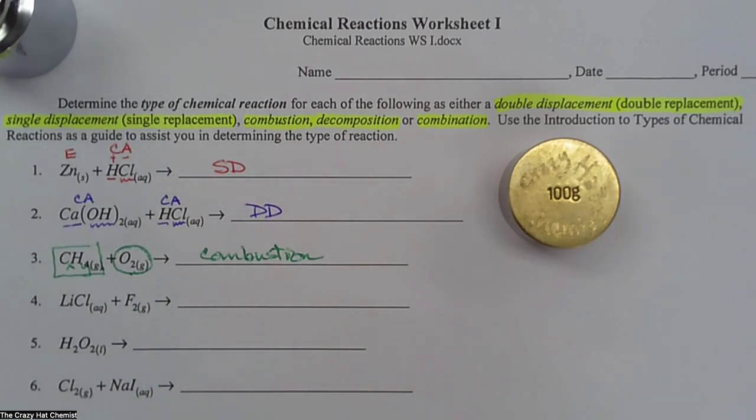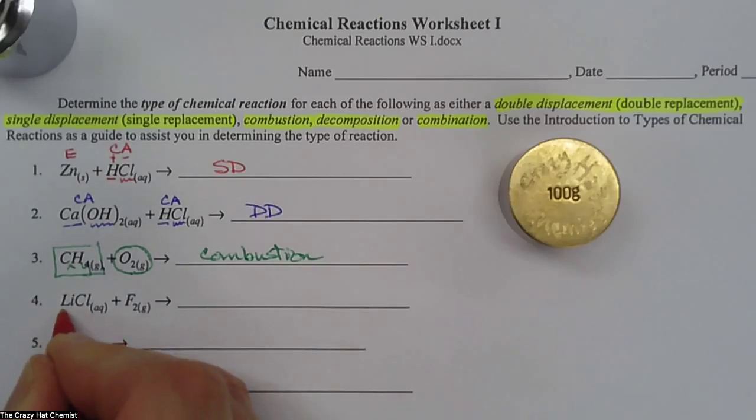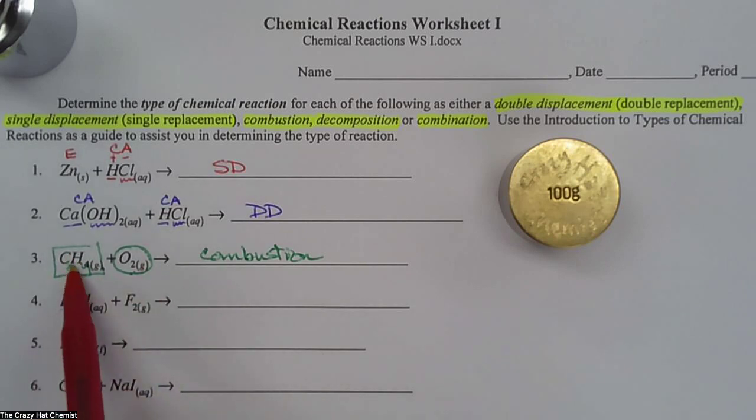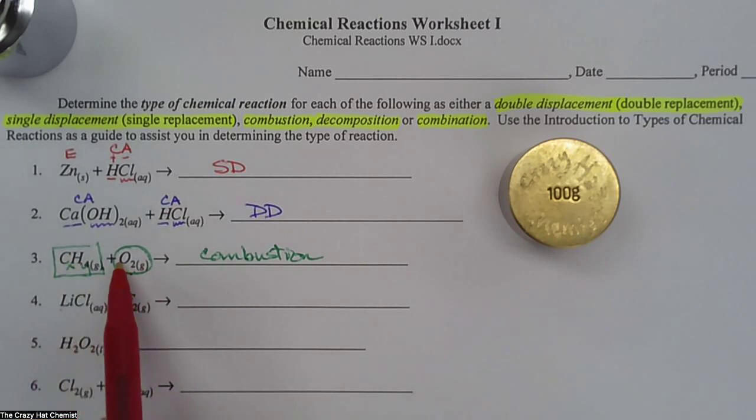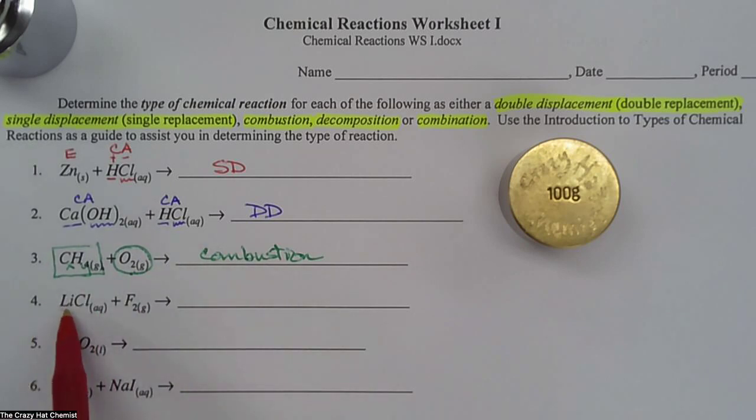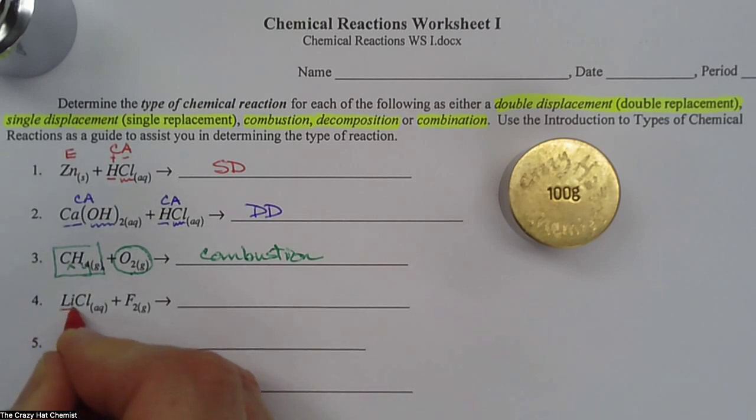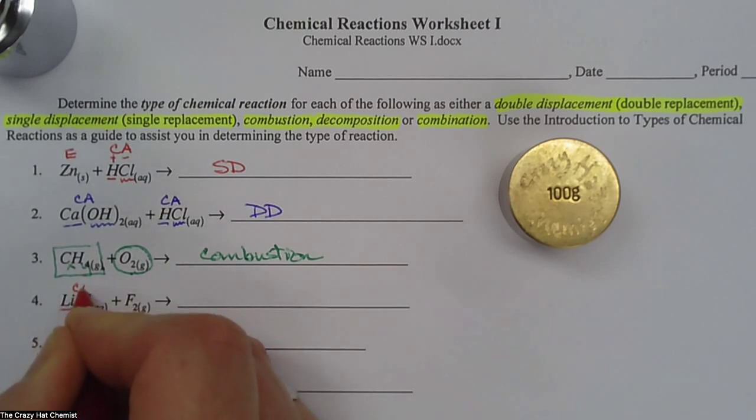All right, our next one here is number 4. By the way, number 3 was methane plus oxygen. That's a combustion reaction. The next one here, number 4, was lithium chloride plus fluorine, and that is a cation-anion. That's a California.